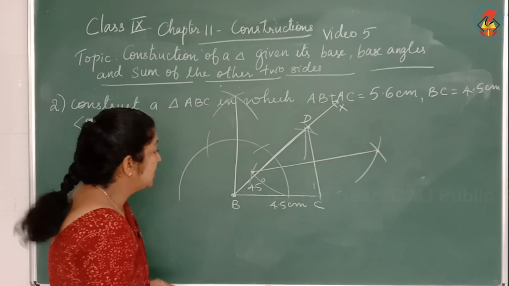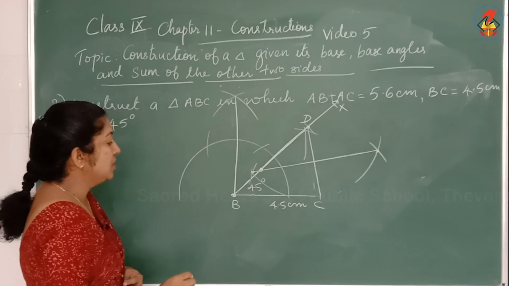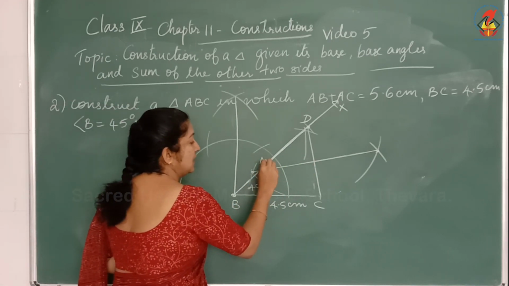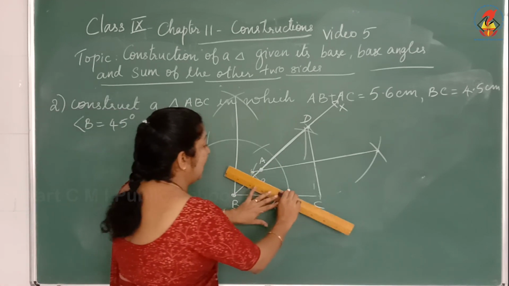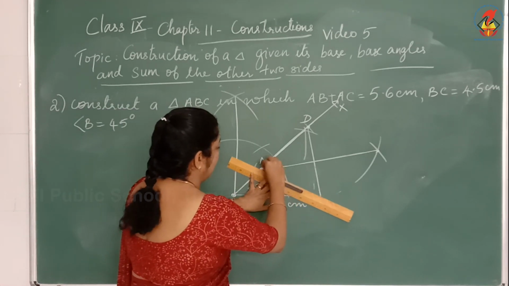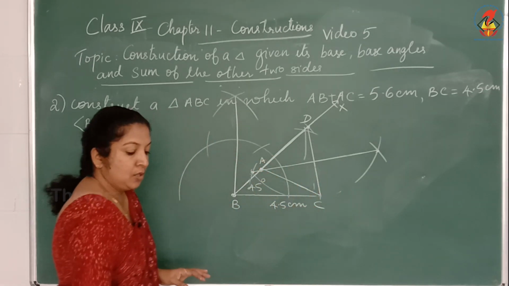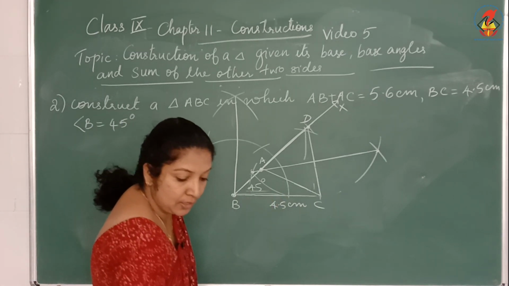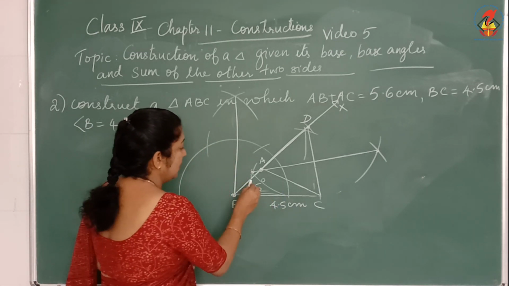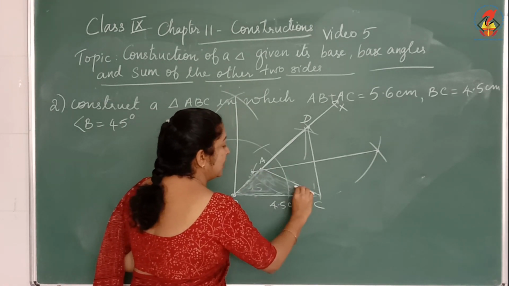This is the point where this perpendicular bisector is touching on BD, which you can take as A. Then join A and C. So triangle ABC is a required triangle, which you can shade like this.